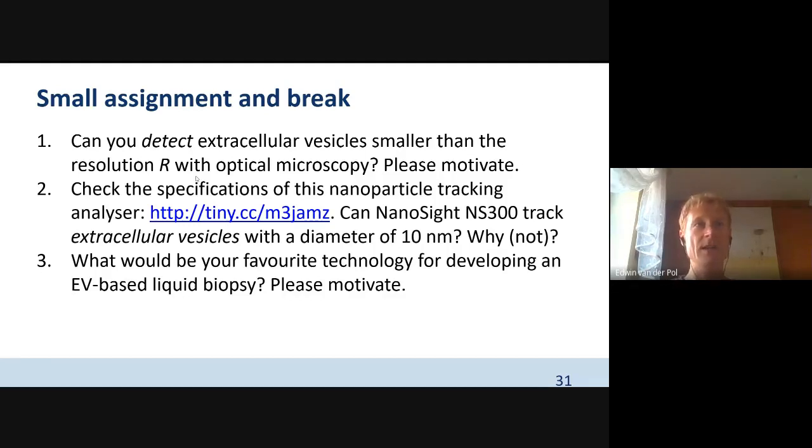Question 2. Check the specifications of this nanoparticle tracking analyzer. I don't know whether you did, but if you did, can you detect vesicles with a diameter of 10 nanometers with this instrument? Why or why not?